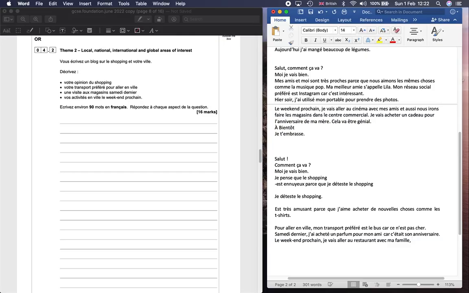And let's say that maybe we are going to have Italian food. Le week-end prochain, je vais aller au restaurant avec ma famille. Alors, let's say, je vais aller dans un restaurant italien. Dans un restaurant italien avec ma famille, avec mes parents, let's say, avec mes parents et mes grands-parents.